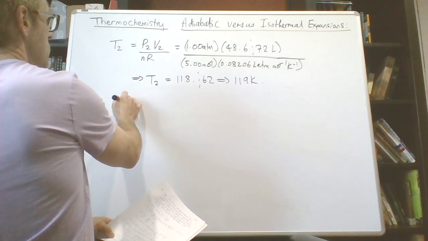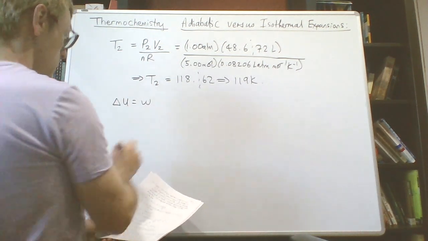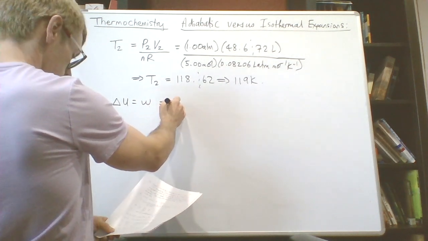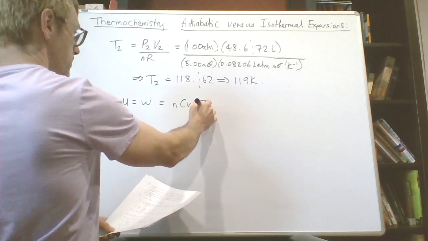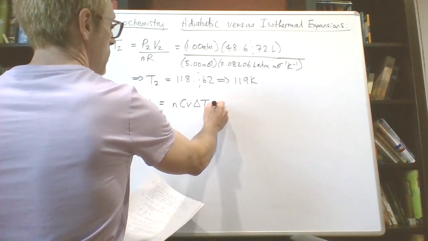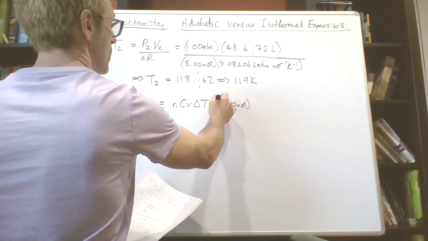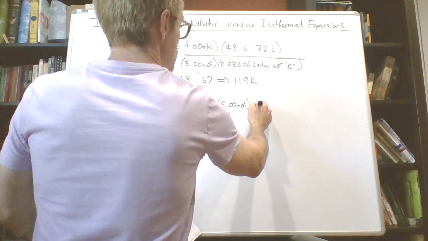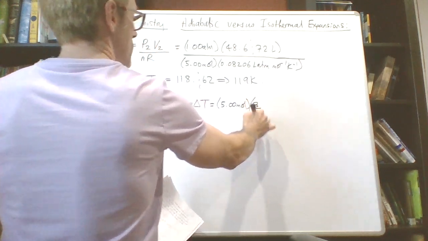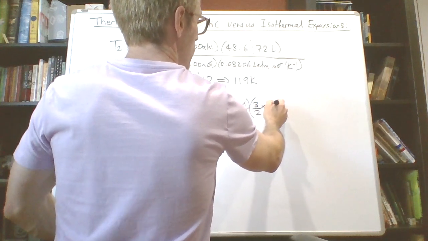Recall that delta U is W because we're under adiabatic conditions. And recall that delta U is equal to N CV delta T, which is equal to 5 mole. CV, we know that CV is 3 over 2 R. So 3 over 2 R, we have to switch now to the value of R with energy units.